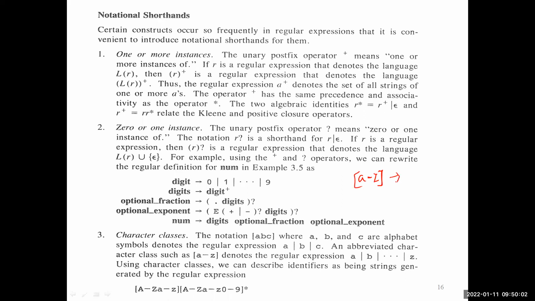This is a regular expression. The objective of this regular expression is to express it as A or B or C or D or up to Z. Now this is going to be very lengthy. So for this particular purpose, this is a notation through which we can represent a range.